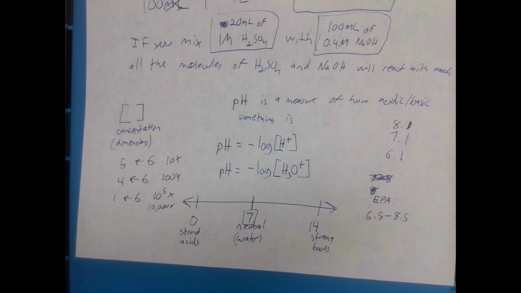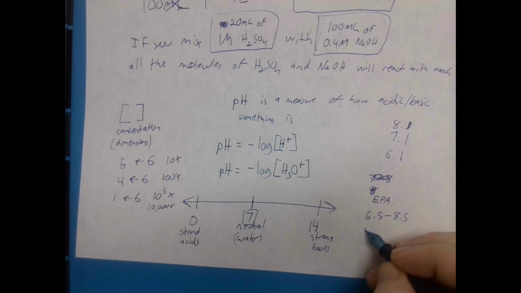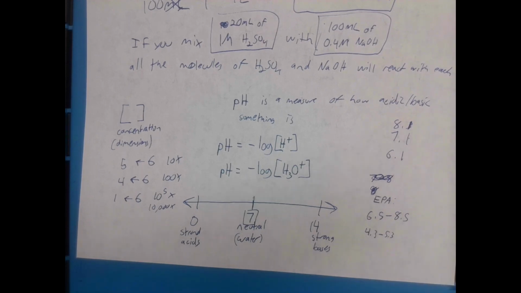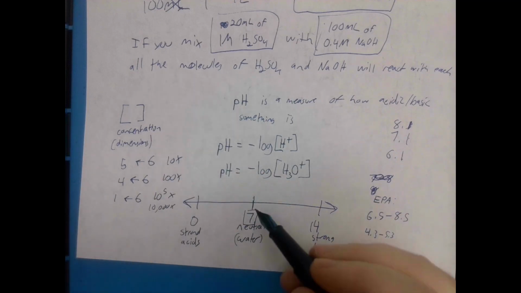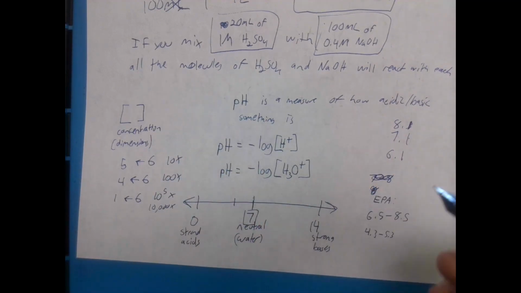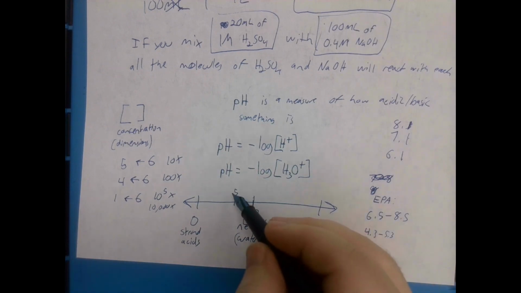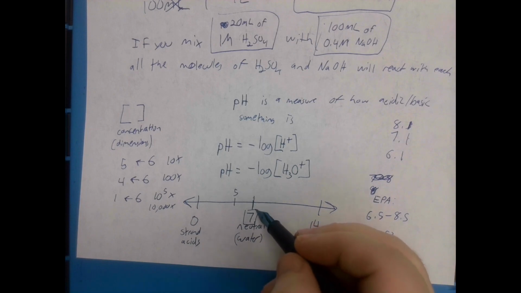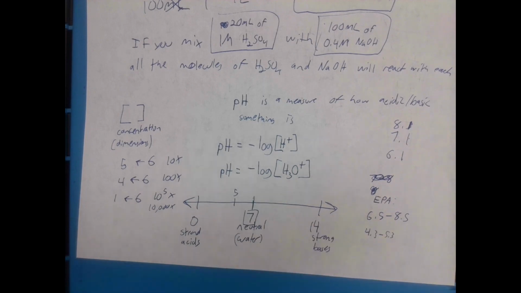In the United States, it actually can get down to 4.3 to 5.3, so slightly acidic. And I should illustrate, because of this logarithmic value, a 5 is not very much different from 7. That's 100 times as many H plus ions than water has.